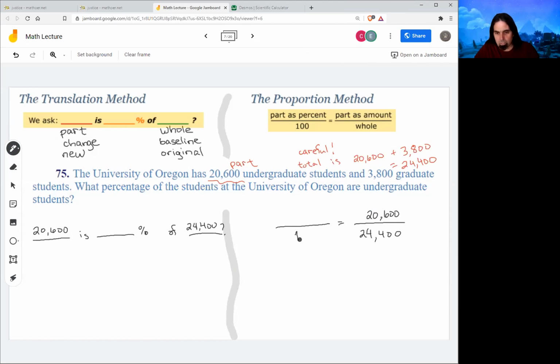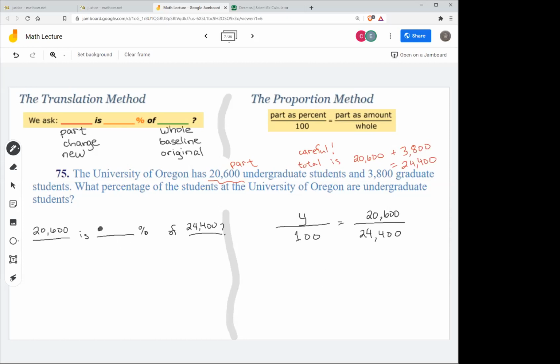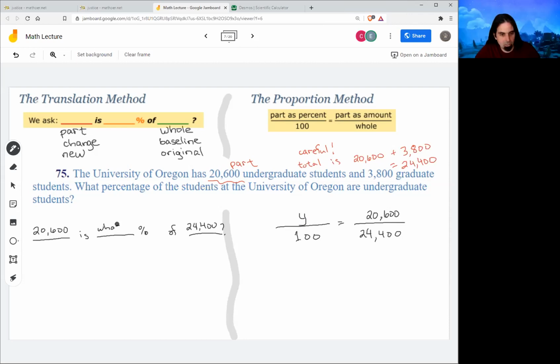The whole as a percent is always 100 here. And then what do we put in the last spots? Why? Yeah, y or what. We'll make a y right away.